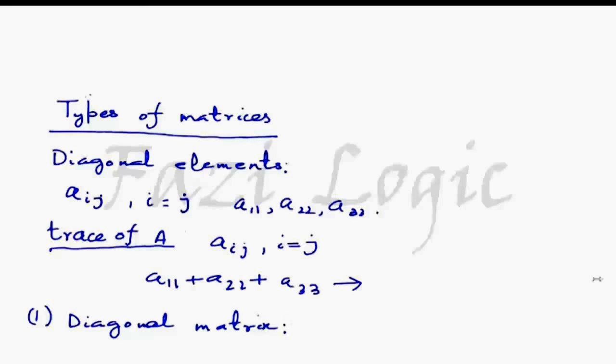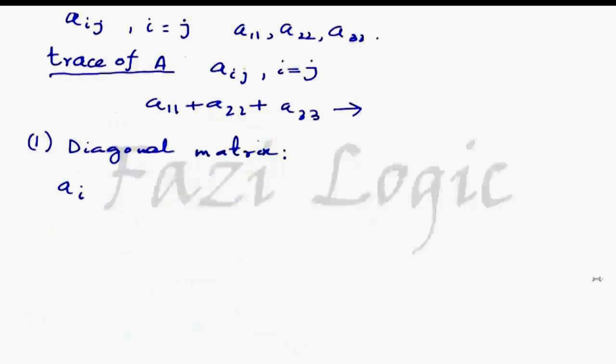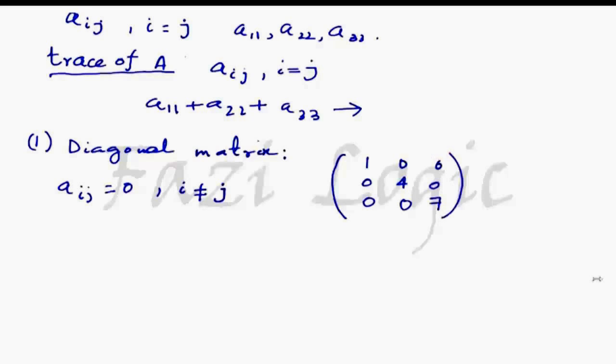That is, Aij equal to 0 where i not equal to j. I can show you an example like this: 1 0 0, 0 4 0, 0 0 7. In this case all the non-diagonal elements are 0, so this is a diagonal matrix.